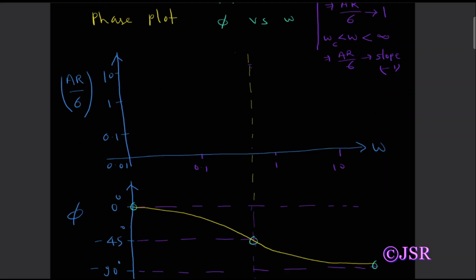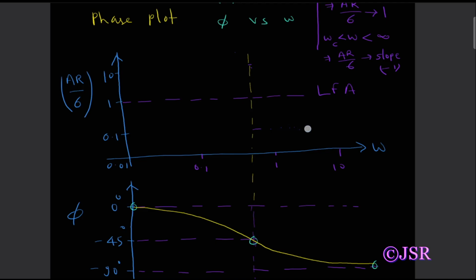So when omega tends to 0, we have AR by 6 equal to 1. So this is the low frequency asymptote line. Similarly, we can draw the high frequency asymptote line. So for a unit step, moving 1 unit in the y ordinate, we have to move 1 unit in the x ordinate.